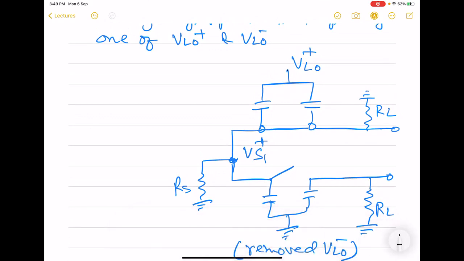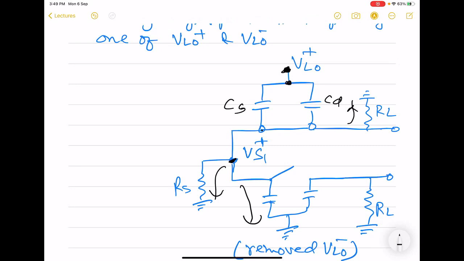So now let us see what is happening here. What we have is, the only voltage present is this one, VLO plus. So now we have a parallel CGS, CD between LO plus and this source node, and at this source node and ground we have RS, we have CS, and here we have RL.